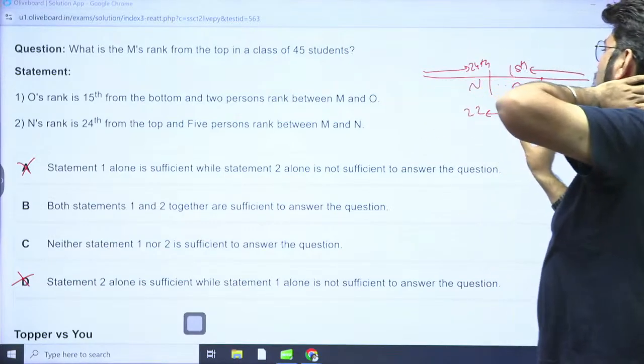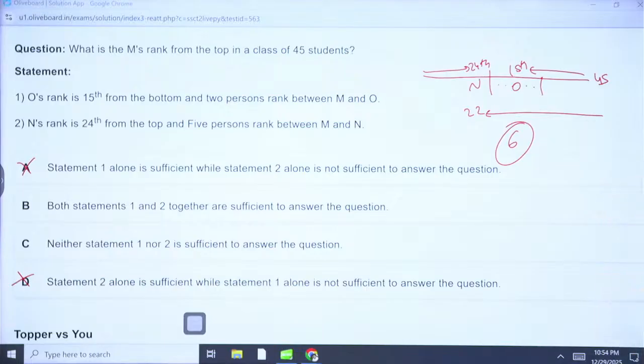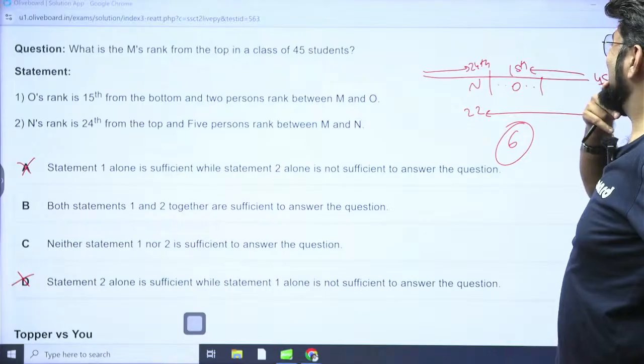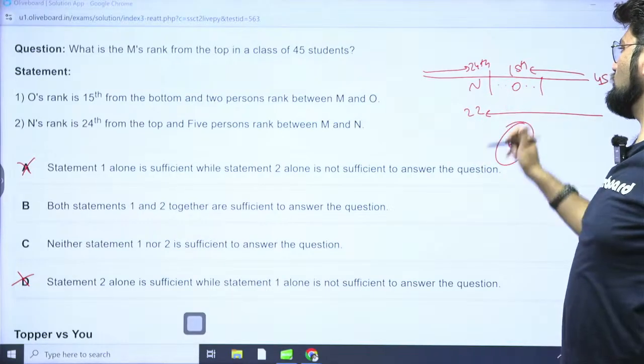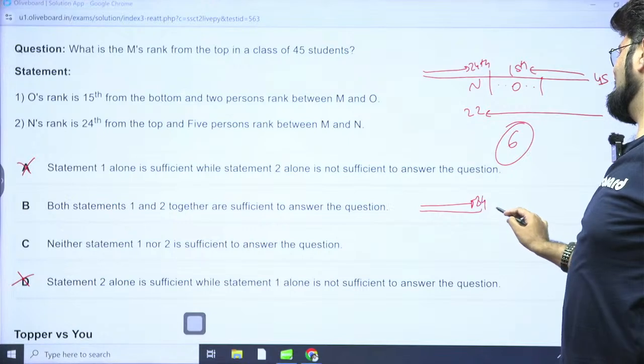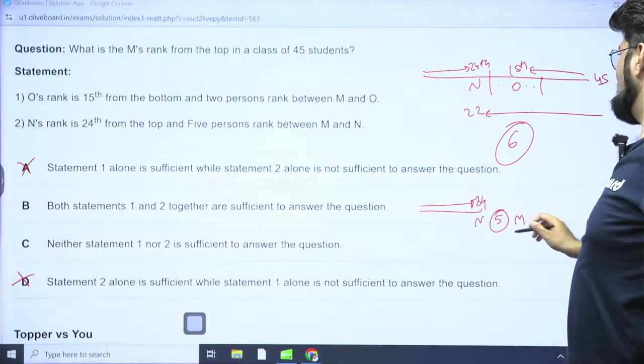Now 15 and 22, they have 6 people sitting between them. So if N has to have 5 people between M and N, this can't go here, if we combine both of them. So won't it be like this? N is 24th from the top. Then there are 5 people here in between. Then we have M. So 6 people here.